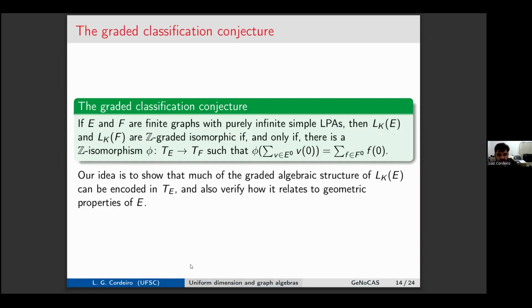And then the graded classification conjecture asks whether the analogue of the classification conjecture in the non-graded case holds. But the hypothesis of purely infinite simple is not part of the conjecture. I mean, this conjecture is for finite graphs, period, with no specific property such as being purely infinite simple.